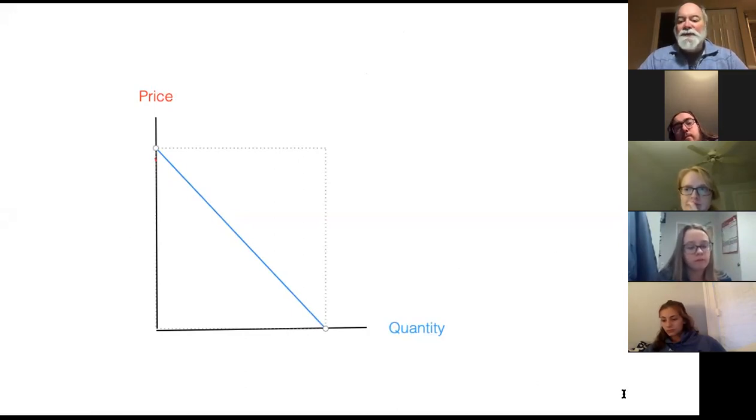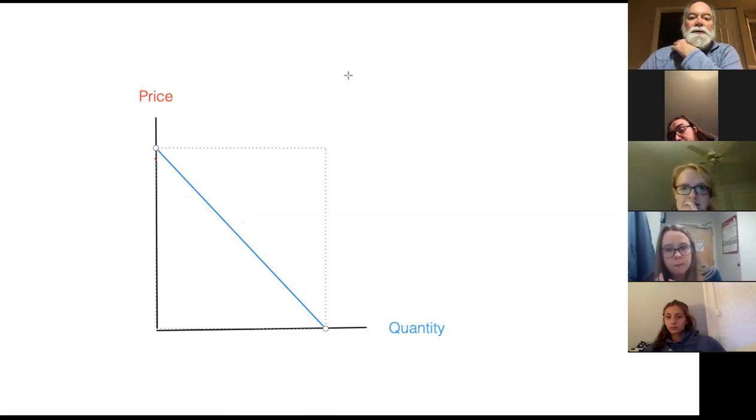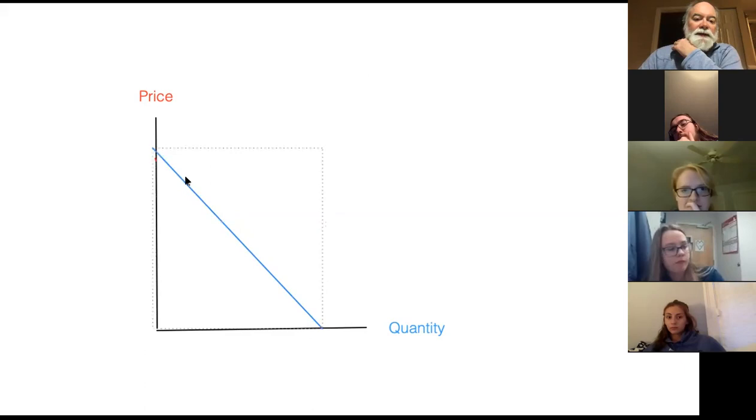Now, a couple things to think about here. One, if you pick a point on the demand curve, what information does the curve give you? Suppose we picked this point right here.